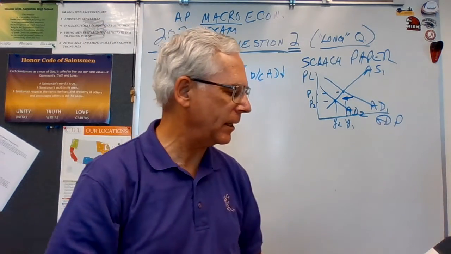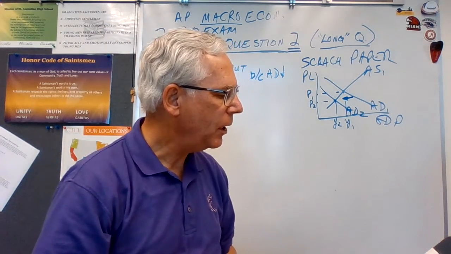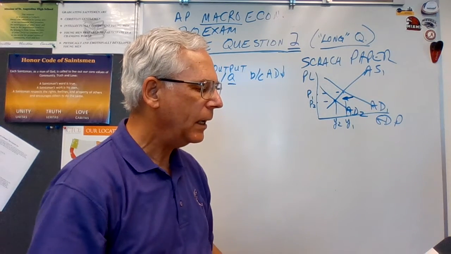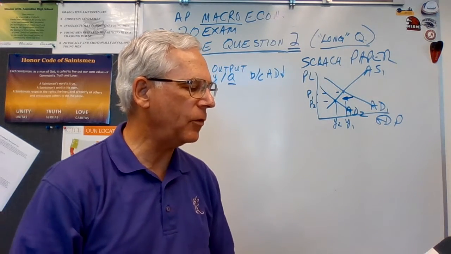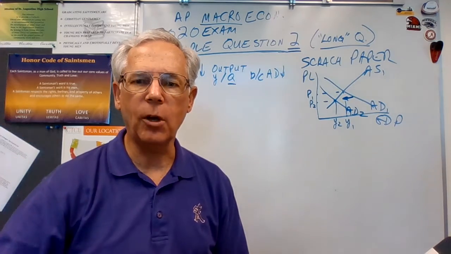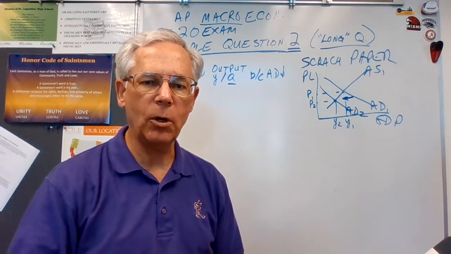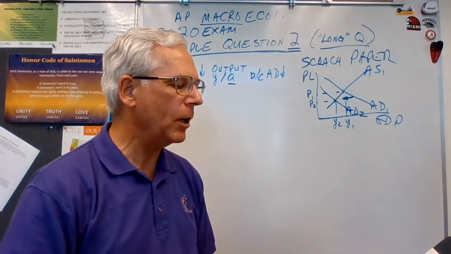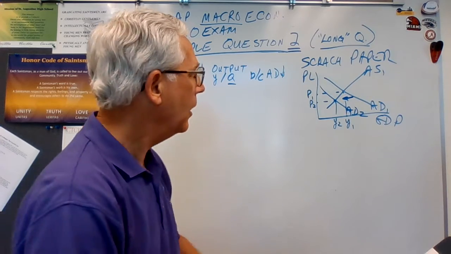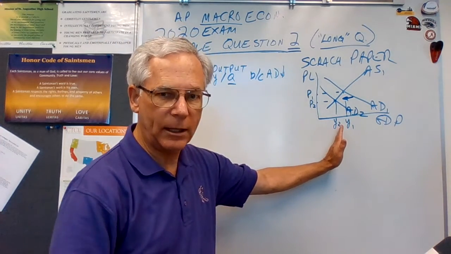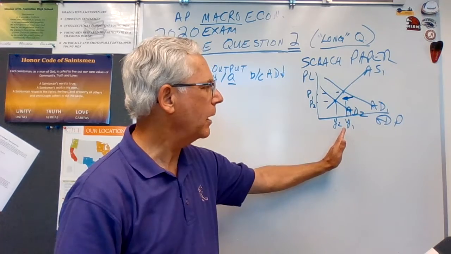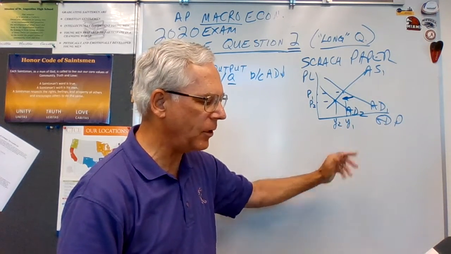AD declined, okay? All right, part C, use the results in A, explain how employment is affected. Here's where you've got to slow down and read every word. It wants you to explain how employment is affected. Well, employment will decrease, because AD has shifted to the left.